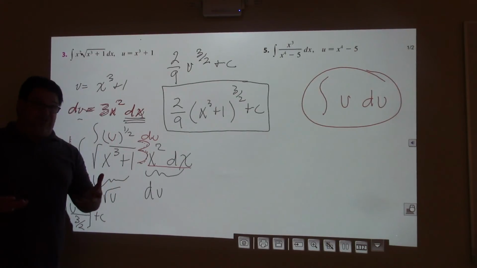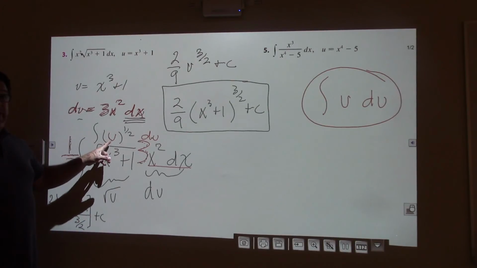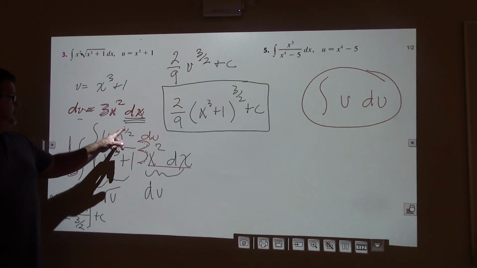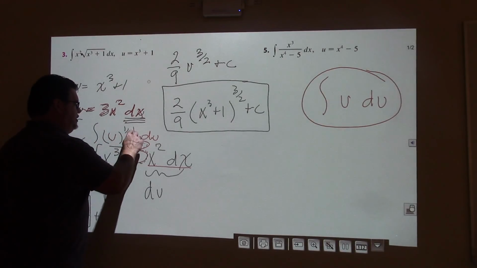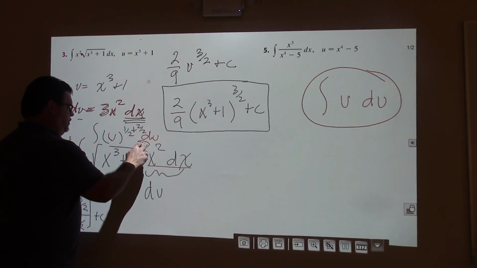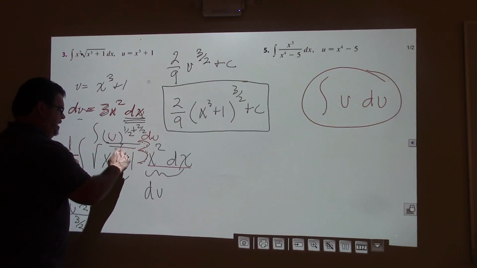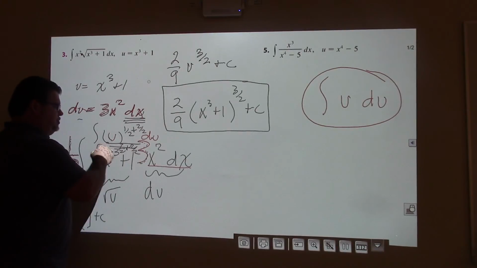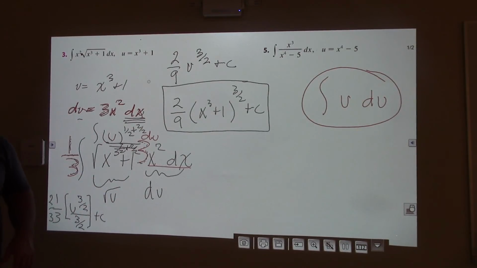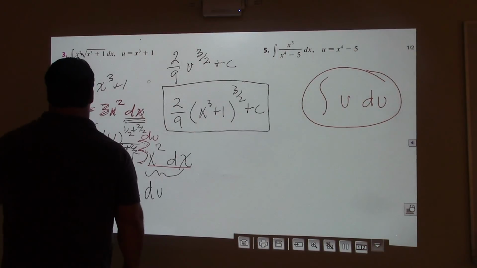Once you have u du, then you can just use the integration power rule, which is 1/2 plus 2/2 over 1/2 plus 2/2. Once you have u du, then you can take the antiderivative. Does everybody see that? Okay, so let's do this one over here.